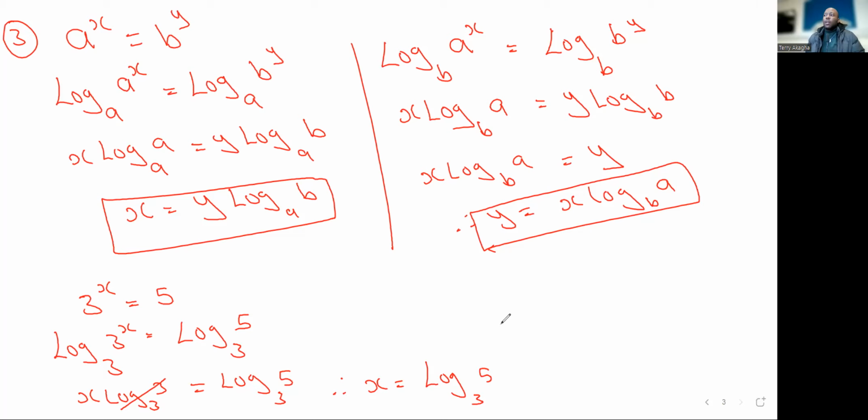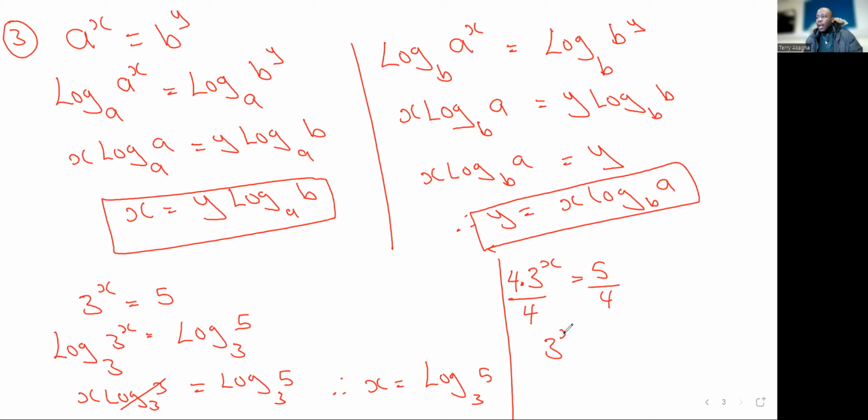Are you seeing it? Now, also, if you're having something like, let's make 3^x is equal to 5, but in this case, instead of just having 3, maybe you're having a variable, or you are having 4 multiplied by 3 raised to the power x. You can't just take log 3 of both sides here because there should be nothing in front of the index you want to take the log. So here you have to divide both sides by 4 first.